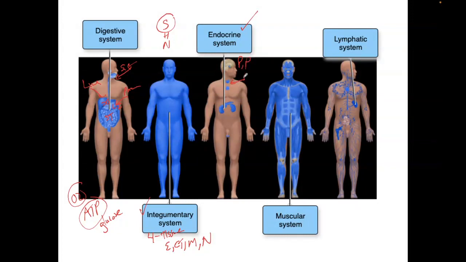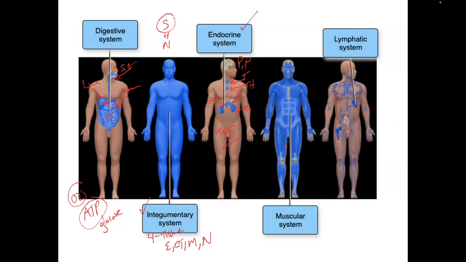We'll talk about the thyroid gland and the thymus gland and the pancreas and the kidneys. And above the kidneys, we have the adrenal glands. And then we have reproductive organs like the testes and the ovaries.